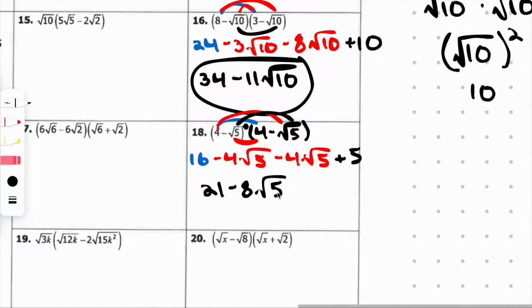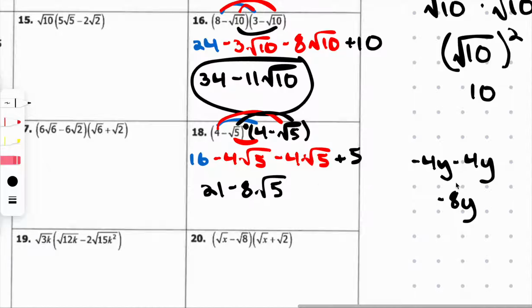A side note, if you're confused about adding or subtracting these square roots, you can almost think of it as if we subbed out this root 5 for y, and we had negative 4y minus 4y. If I asked you that question, you would say negative 8y, right? It's the same thing. We're just subbing a root 5 in for y.